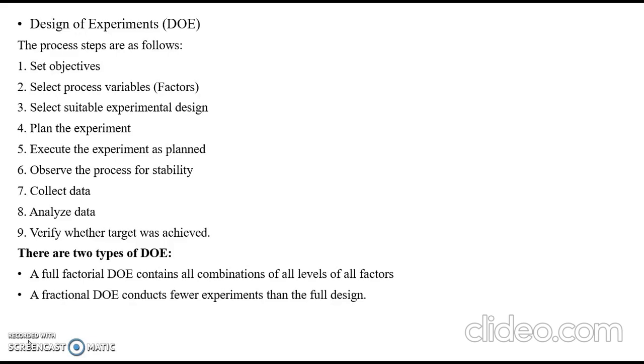Assuming that the experiment could not achieve the target objective, it is necessary to repeat the experiment with different factors and parameters. It is not necessary that every project should attempt a design of experiment unless the specific project warrants the DOE. These are some steps involved in the design of experiments.